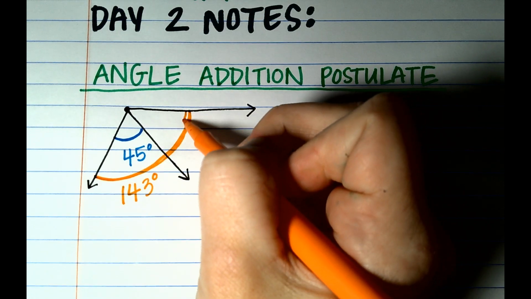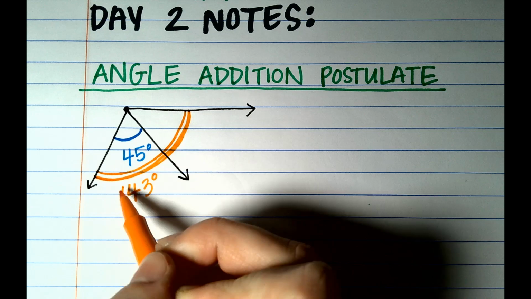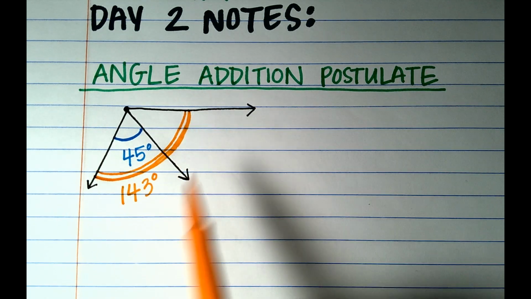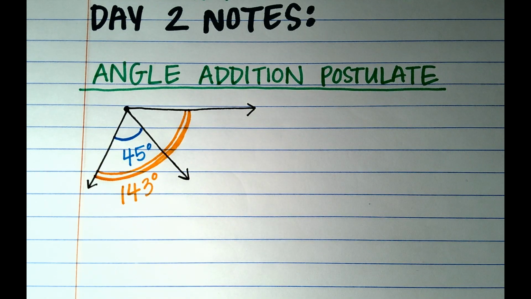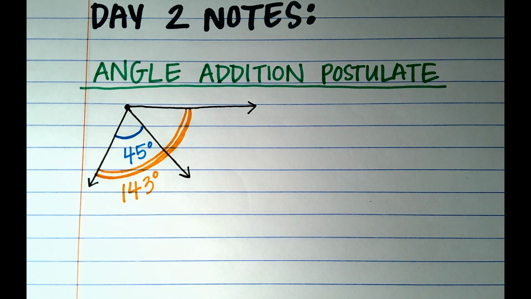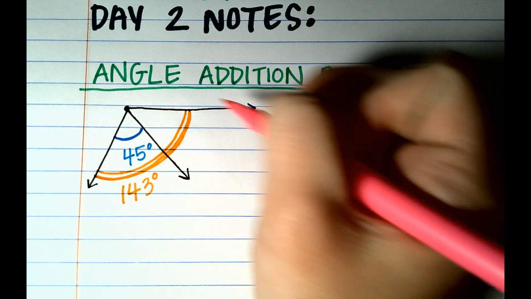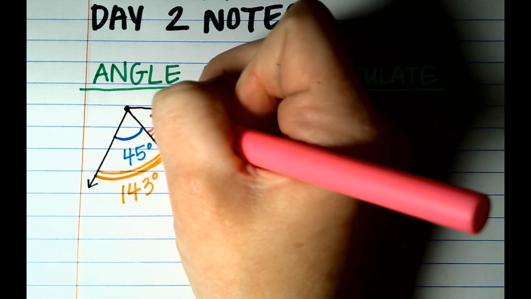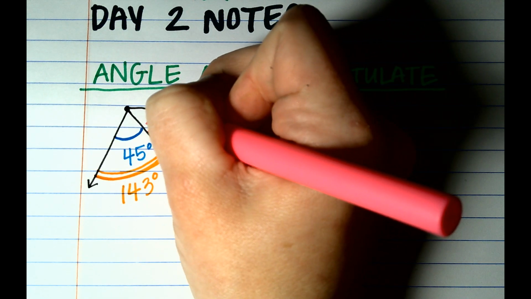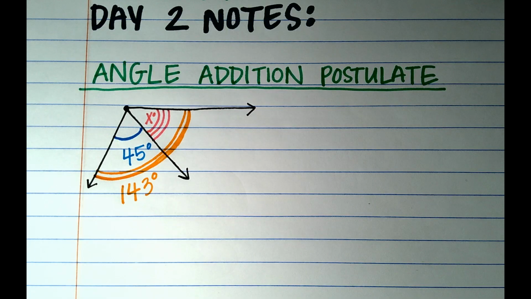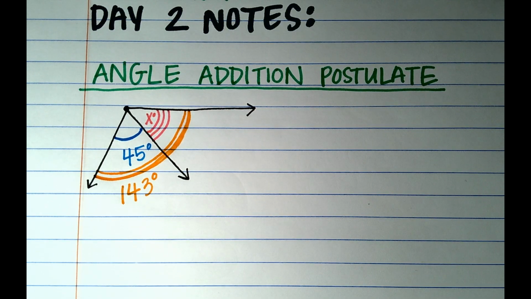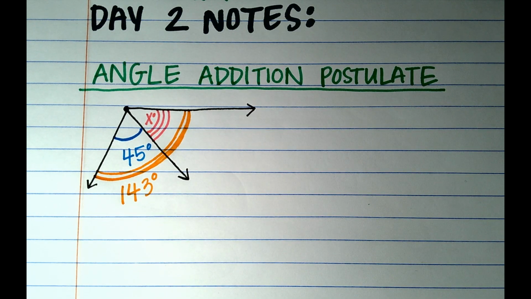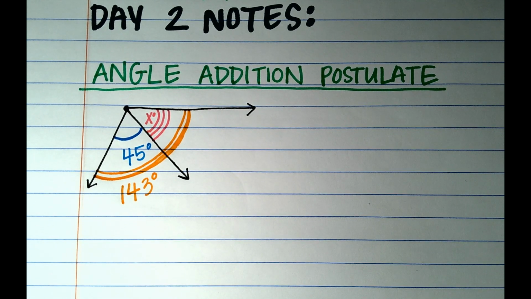To show that these are not the same measure, I'm going to put 2 arcs on here, 1 arc on here. What if I wanted you to solve for this missing angle? I'm going to put 3 arcs here, and I'm going to call this X degrees. Obviously, my picture's not to scale, but we'll find that out together.